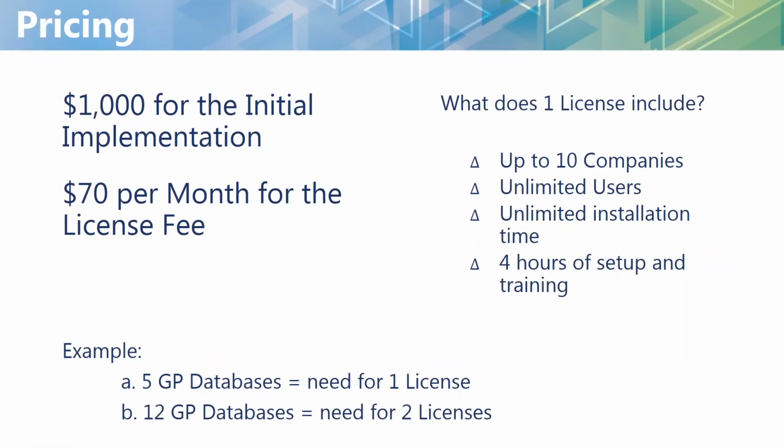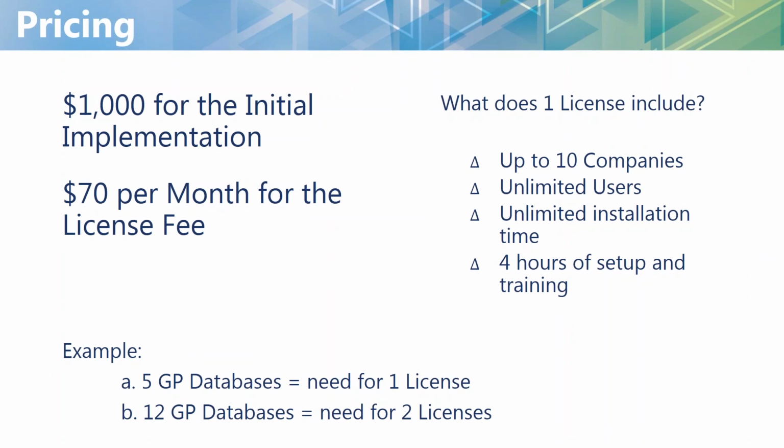But before we go into questions, I wanted to explain a little bit of the pricing structure for you, because I did say that it was budget friendly. So true to my word, we have the $1,000 initial implementation cost, and that helps with some of that license setup. So over on the right, you see what that includes. It's up to 10 companies, so 10 databases that we can help set up with you.